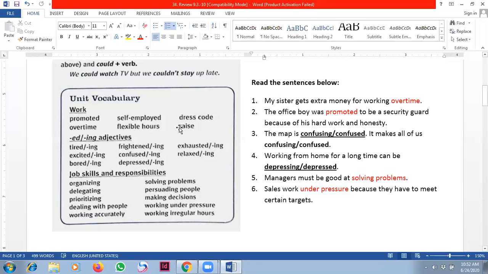Okay. And then the difference between ed and ing adjectives, tired and tiring, excited and exciting, bored and boring. For example, the book is boring and I am bored. You don't say I am boring.